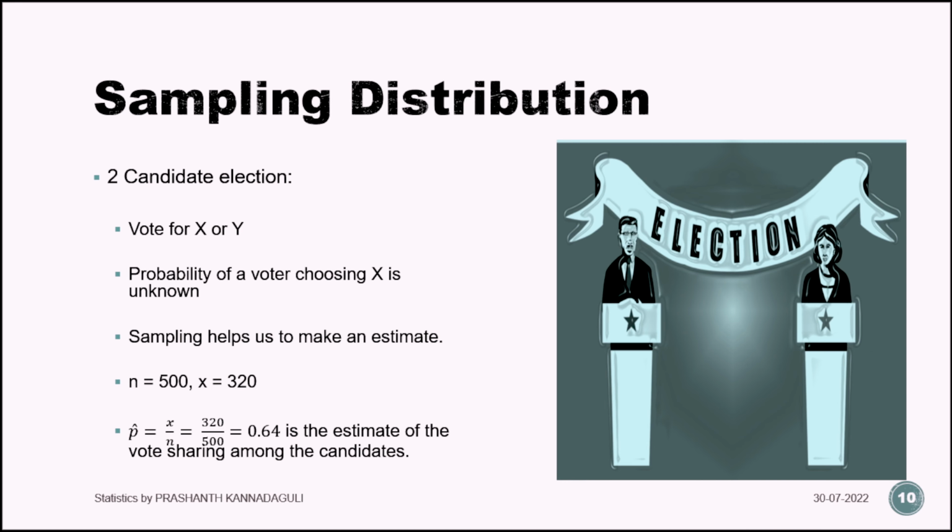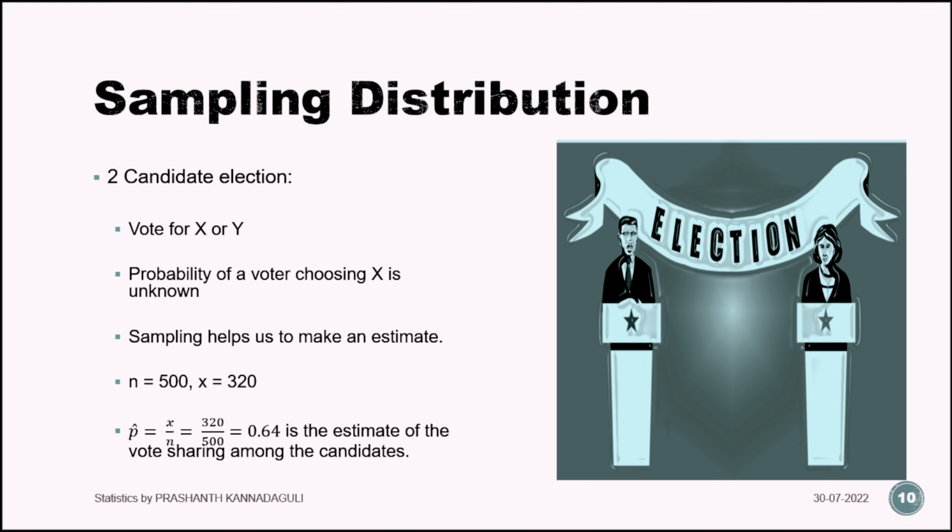I am choosing 500 at random, out of which 320 say that yes, we have voted for X. Whenever you get this feedback from people, there are catches in that. We'll come to that at a later stage today. But as of now, let's assume that everybody you asked told the truth, saying that yes, I voted for this person X, and they actually have voted.